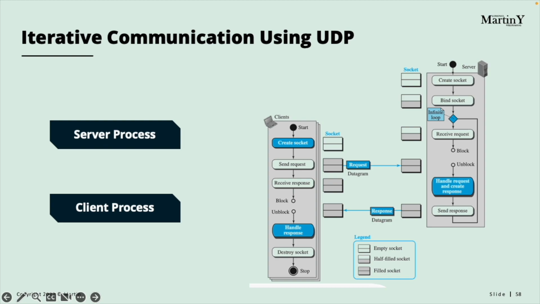Once we receive the response, we unblock our socket. Okay, we handle the response, and then we completely destroy the socket. So in the client, once we receive the response from the server, we destroy the socket. It disappears. Okay, and if we want to create a new request, we create the socket again. While on the server side, the socket is always open and ready to do an action. All right.